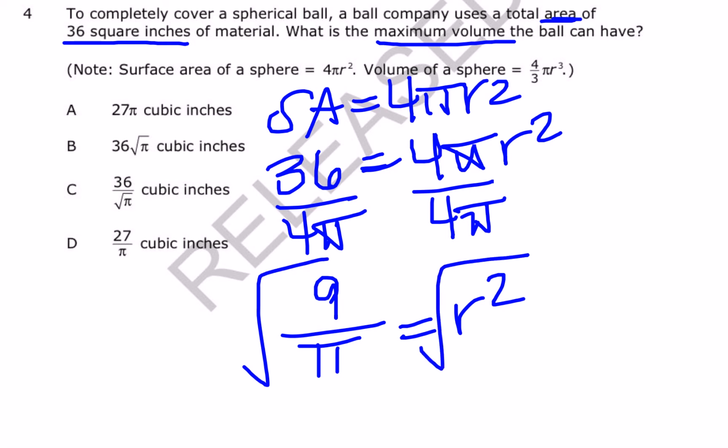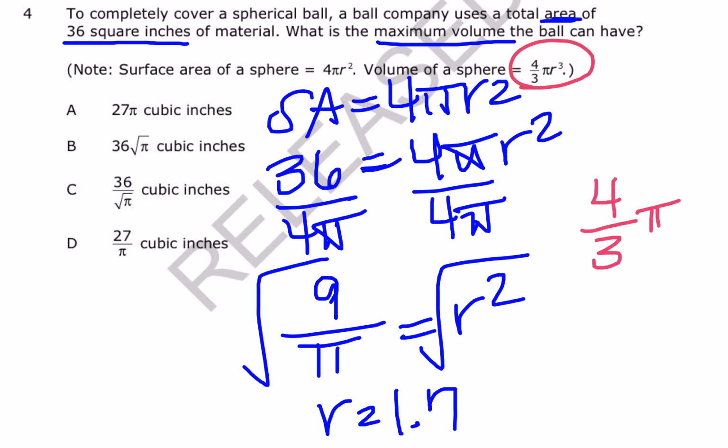And that gives me the radius, which I can now plug into my volume formula. So when I simplify this gives me r equals 1.7. I'm going to take that value and plug it into the volume formula. So that's going to be 4/3 pi times 1.7 to the third.